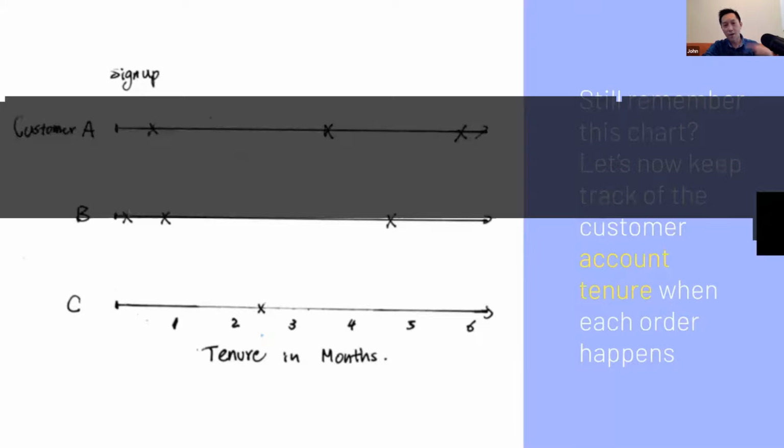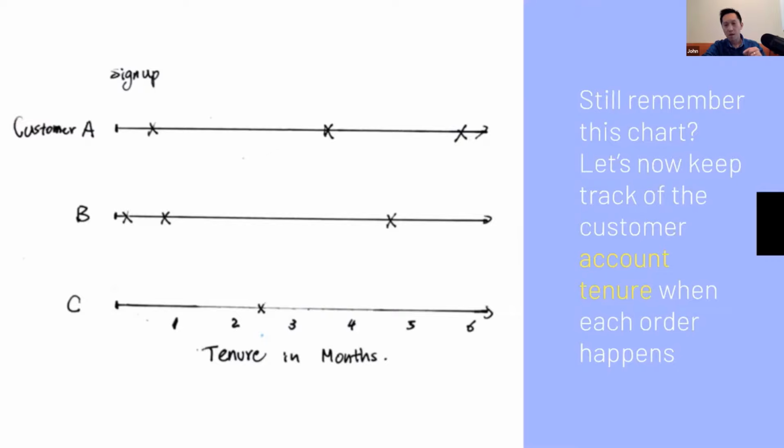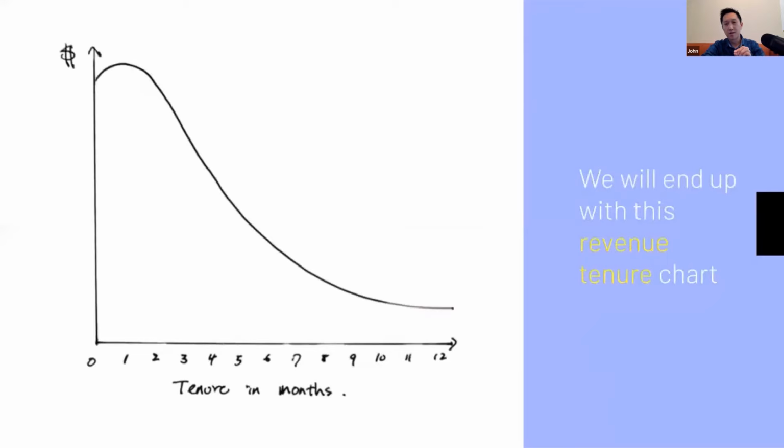If you again aggregate all of these customer purchase orders, you're going to get something that actually looks a lot like this. This is not the same chart as the cumulative growth chart. This is actually the revenue by tenure chart. And so you're going to have a lot of customers buying in the first month, right? And then it kind of slowly slopes down the longer away from sign up they are.